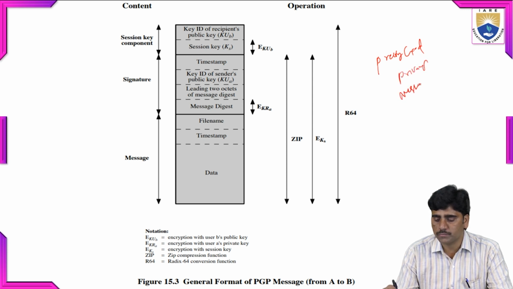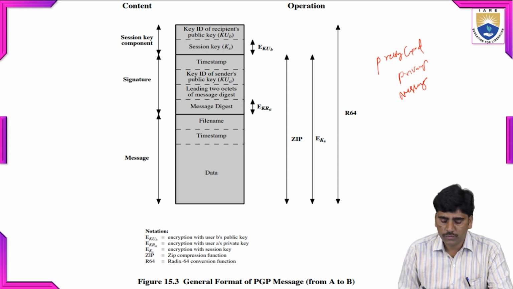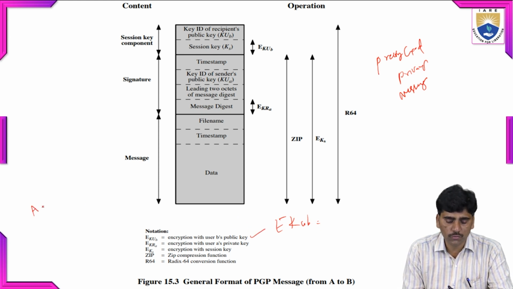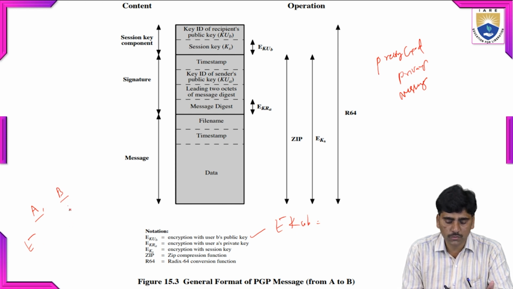Here we can see the notations. EKUb is encryption with user B's public key. There are two users, user A and user B.